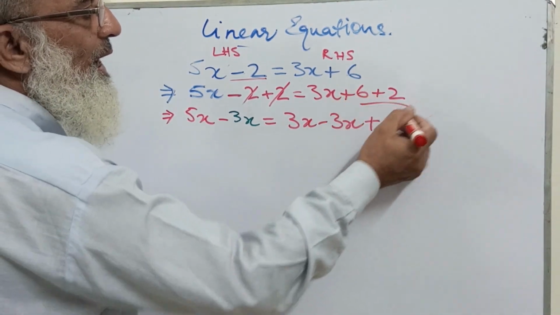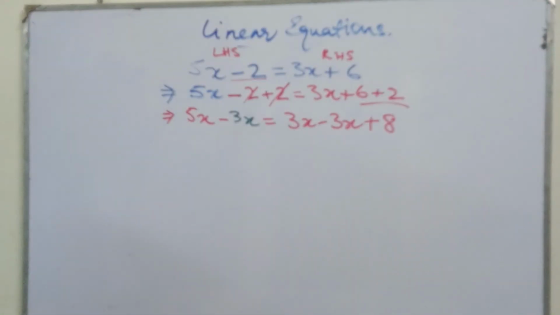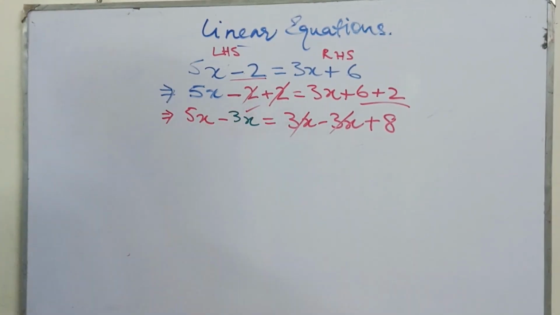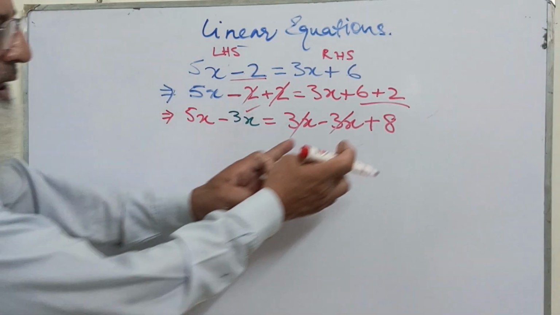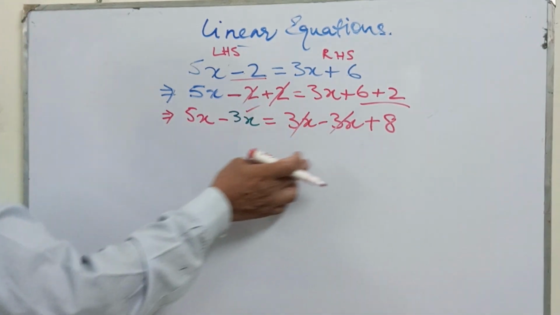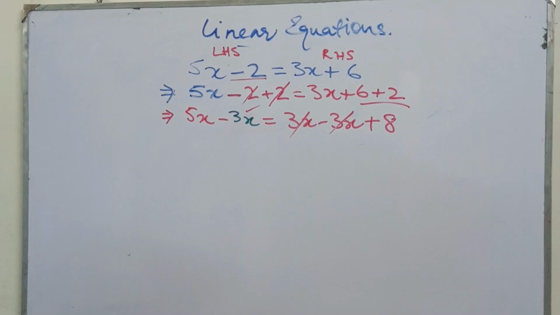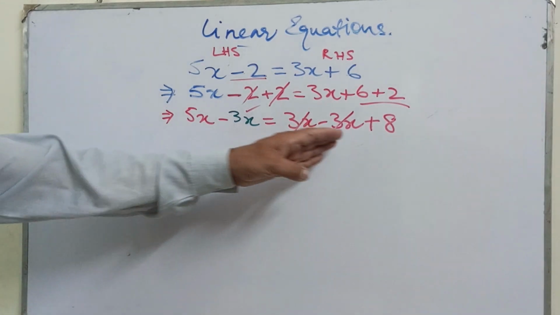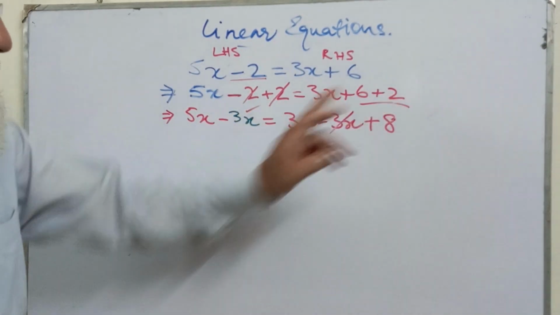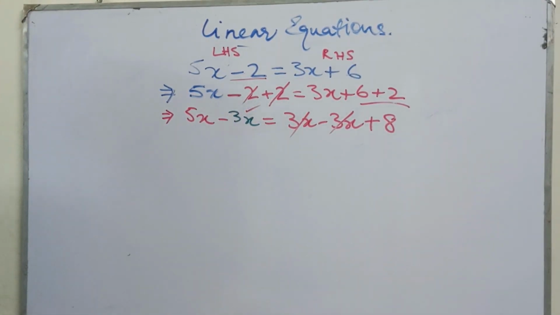Now you can add this, it will be 8 now. This will be cancelled and this will remain here, because I have eliminated this 3x from here and brought it by a method from here to here, and this 2 from here to here. Now you see what the effect of doing this was. You noted that the signs have been changed.